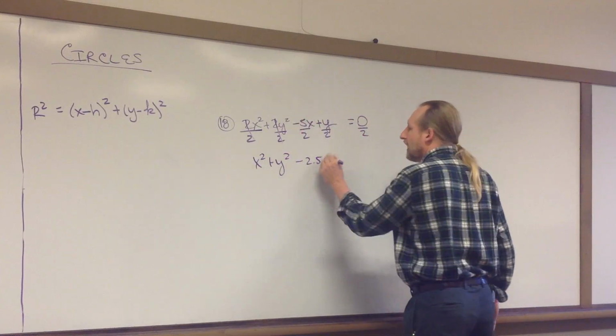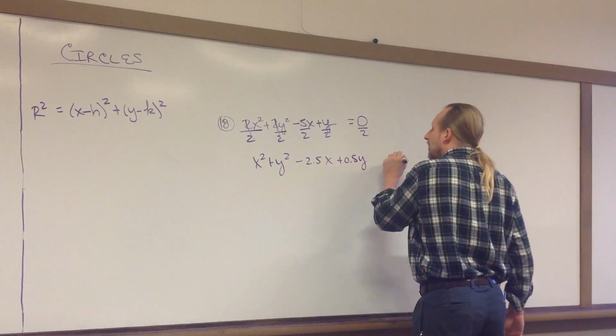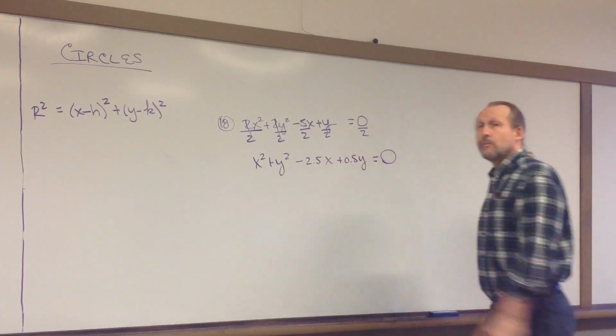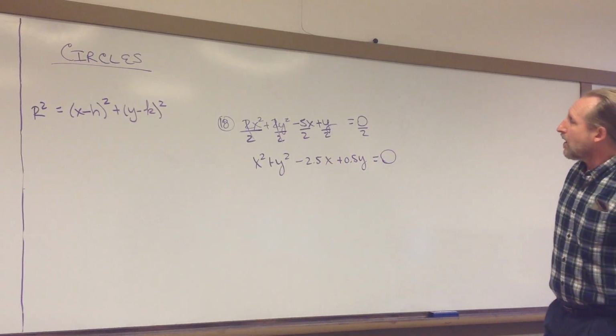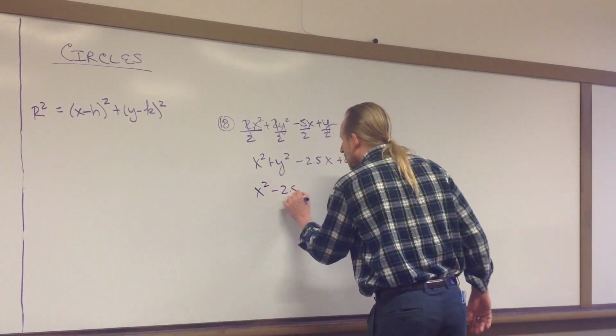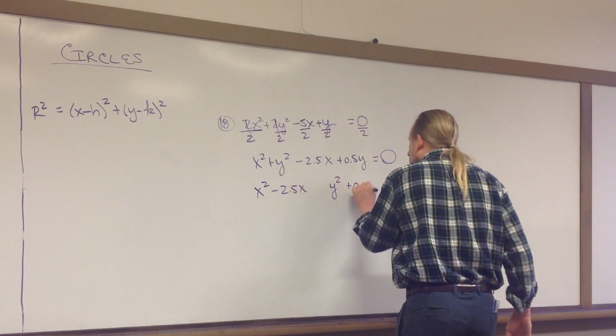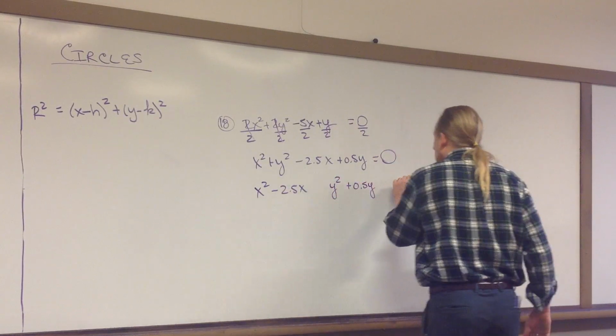You can keep it as 5 over 2 or you can call it 2.5. And here, again, you can call it 0.5 or you can call it 1/2 y. Either way.